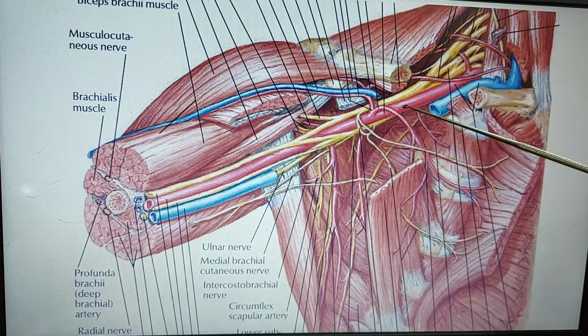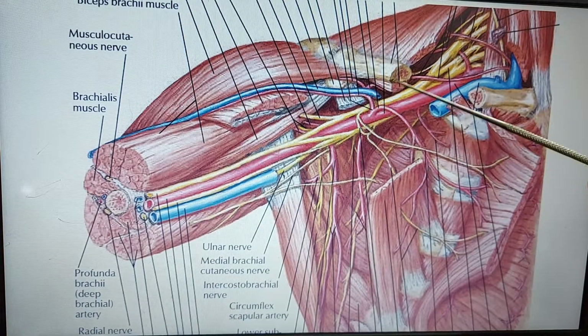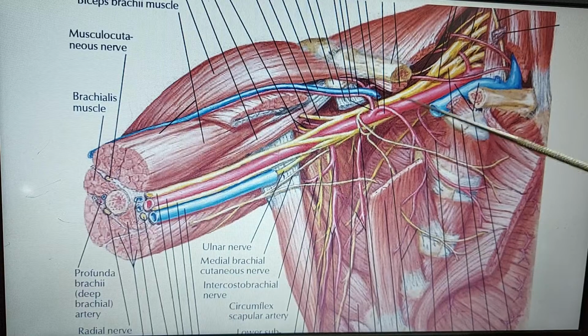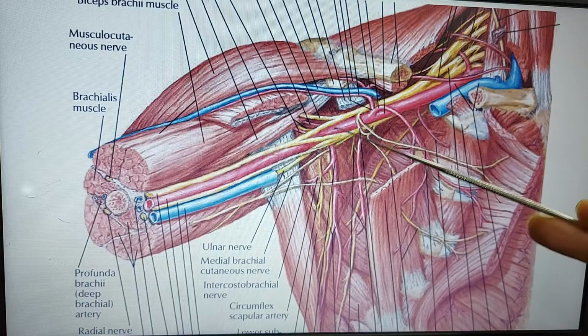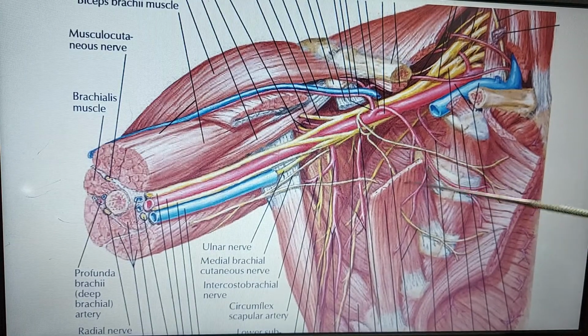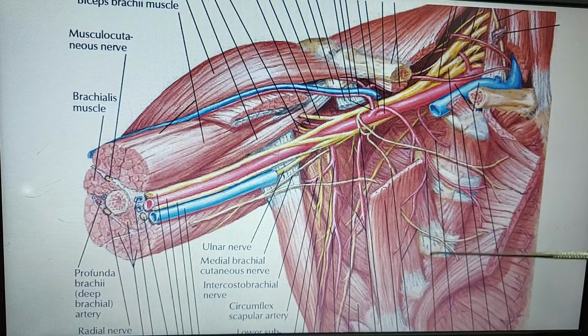And the important thing is that this artery here is the subclavian artery, and from here is the subclavius muscle. From here this artery is named the axillary artery, and this artery is divided by this muscle. This is the coracoid process, and this is the third, fourth, and fifth rib.